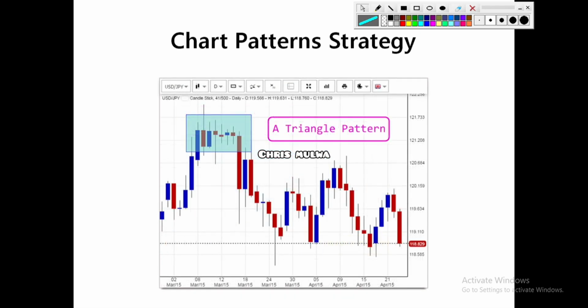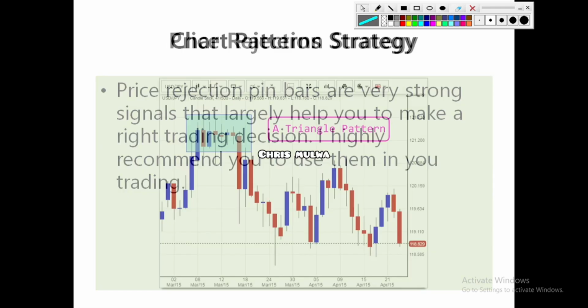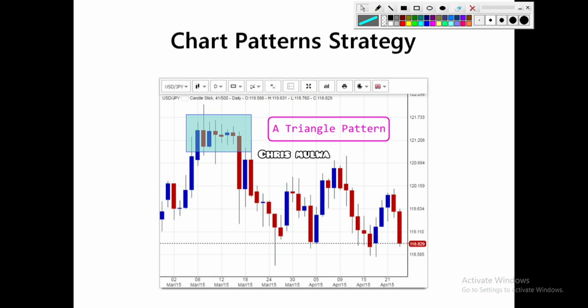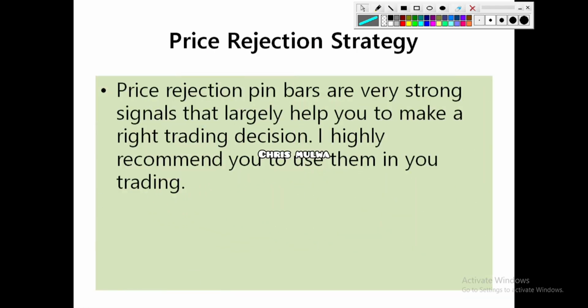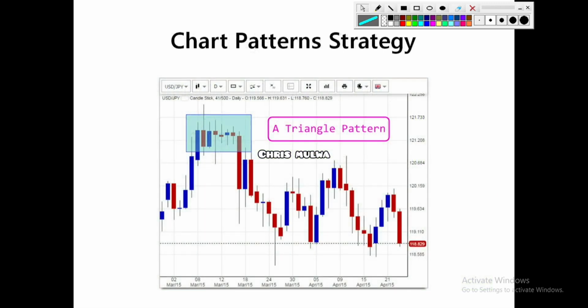Then the next one, we will cover the triangle pattern. This one will be the last pattern on chart patterns. Then we will go direct to the price rejection strategy. So let us check on the triangle pattern, and I will explain to you what a triangle pattern is.